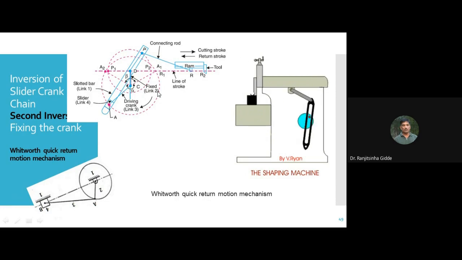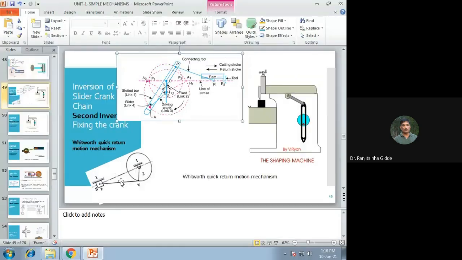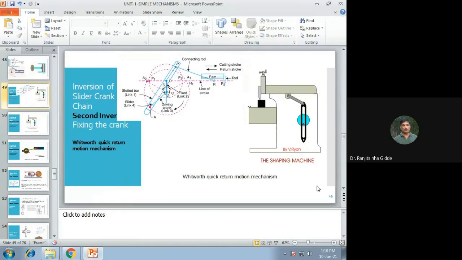Here it is written, 2 is fixed. Now this connecting rod, this number 3, becomes the driving crank. Now I want to remove this.